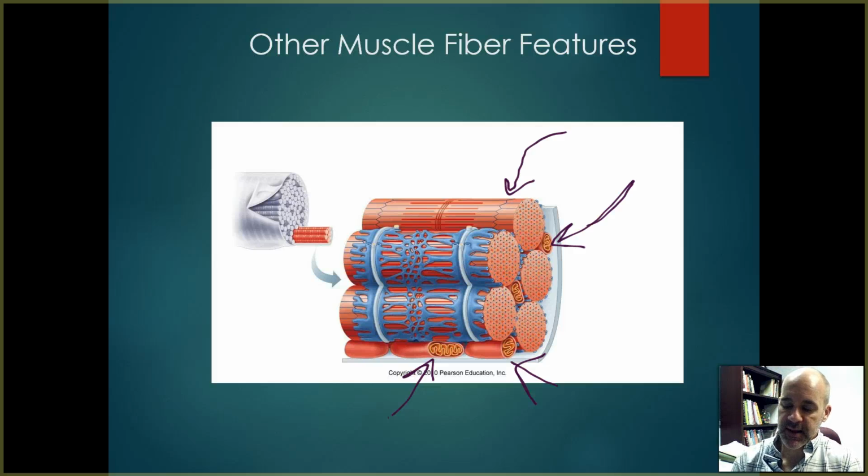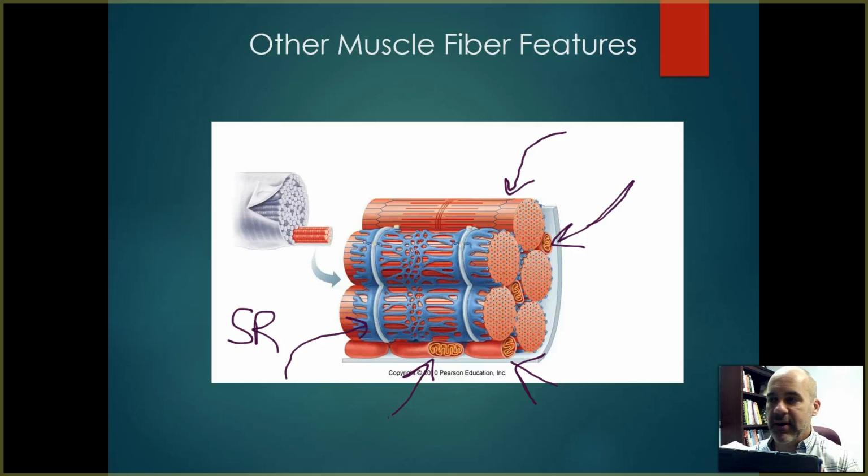The blue webby stuff you see on there everywhere, that's the sarcoplasmic reticulum, or SR. And the key function for what we've studied with regard to muscle fiber contraction is that's where all the calcium ions are stored or bottled up that are so important for the cross-bridging to take place between actins and myosins.